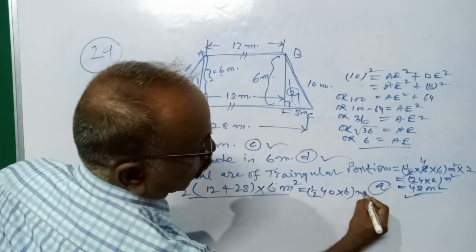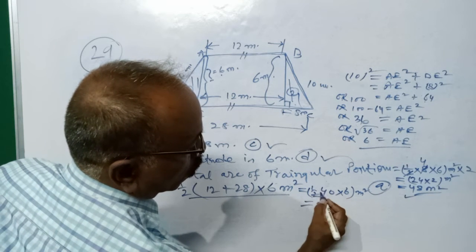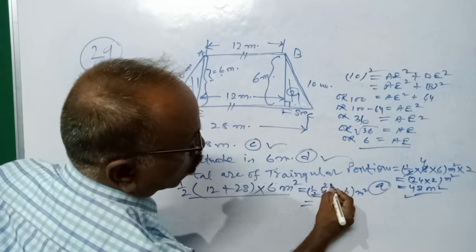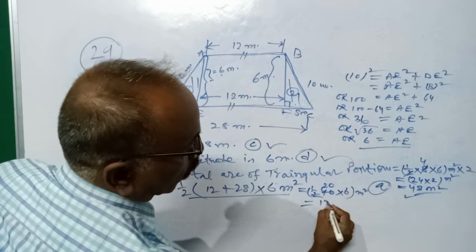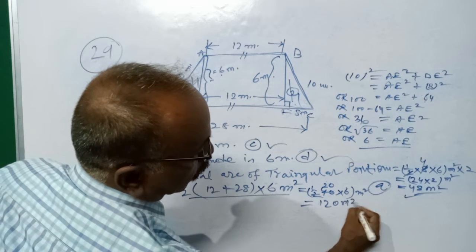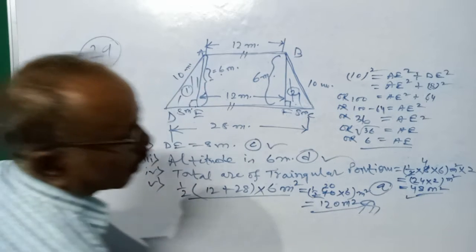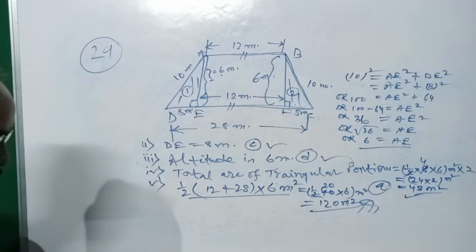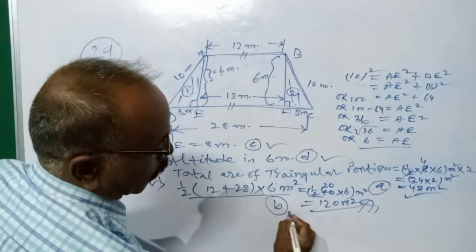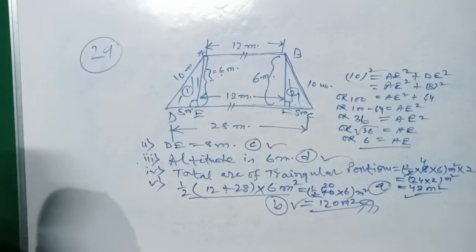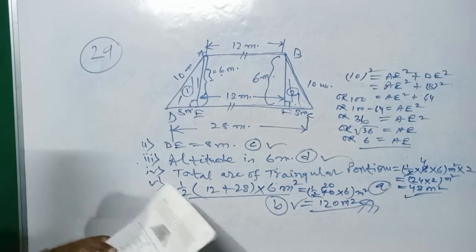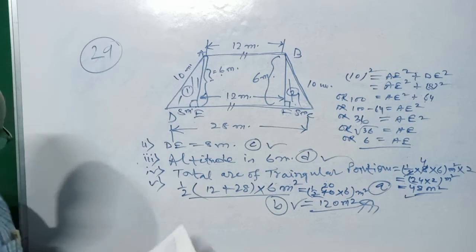This is meter square, equal to 2 2 0, 6 2 12, 120 meter square. This is the area of the given trapezium. B is the accurate answer. Answer number B.